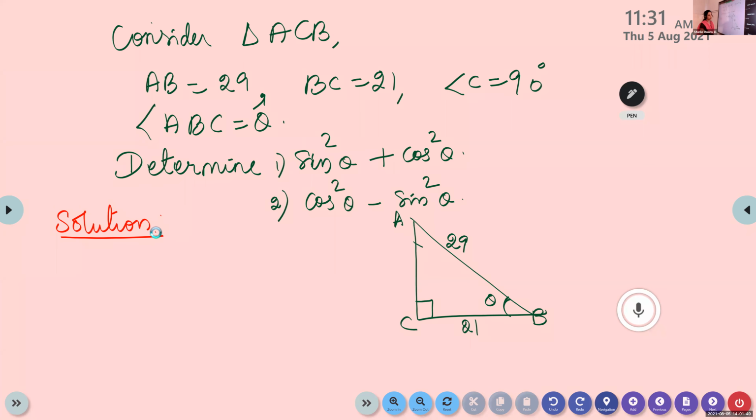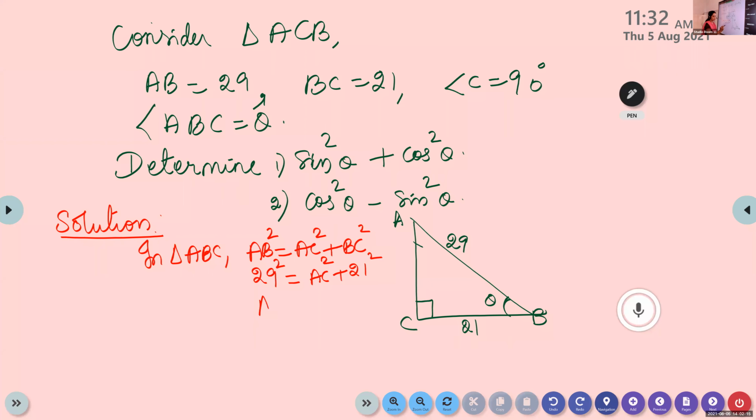Using Pythagoras theorem in triangle ABC, AB square is equal to AC square plus BC square. Hypotenuse square is equal to base square plus altitude square. So 29 square is equal to AC square plus 21 square.